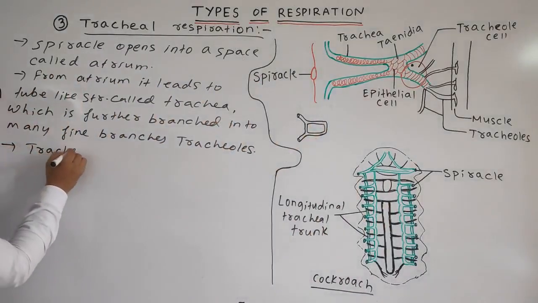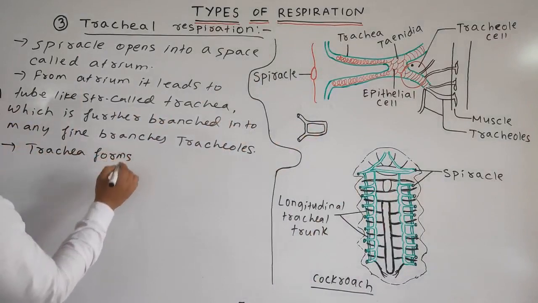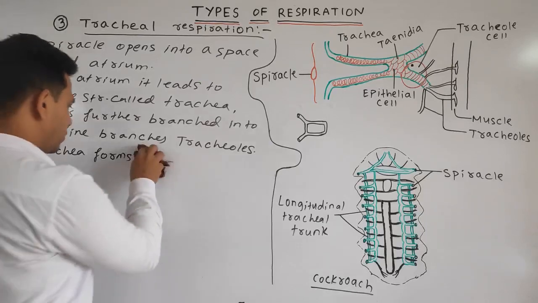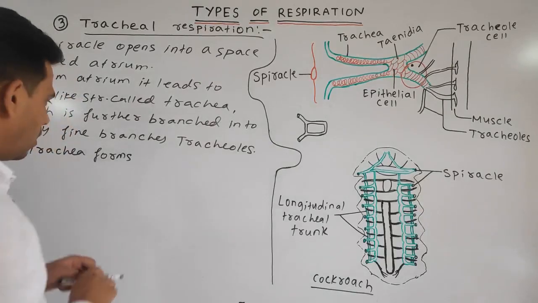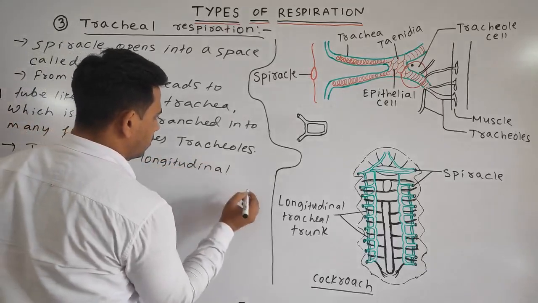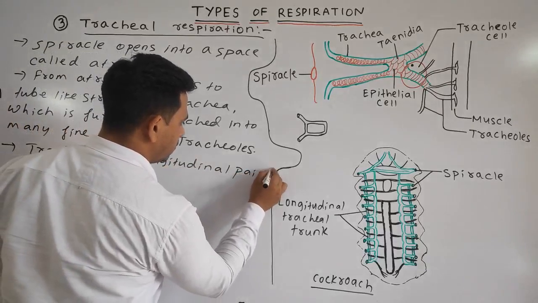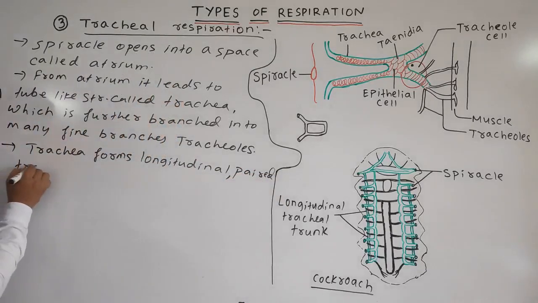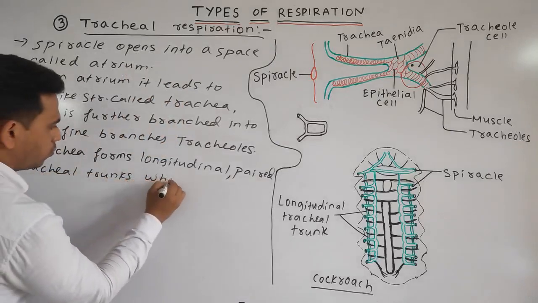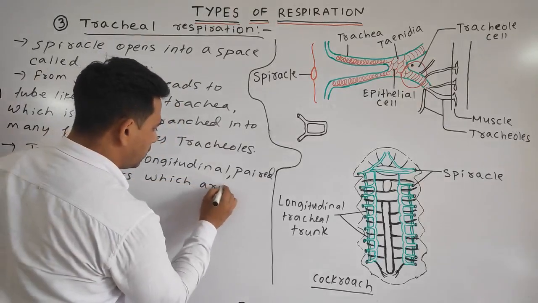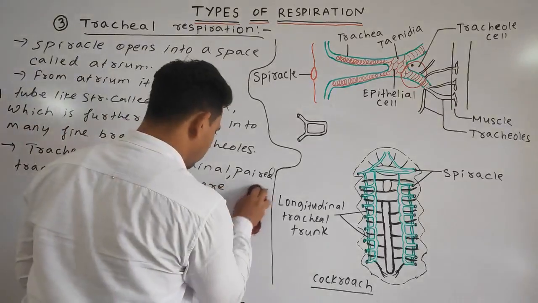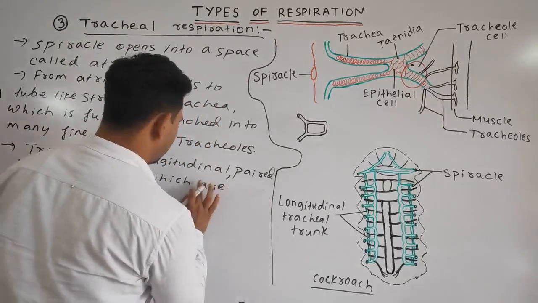Trachea forms longitudinal paired tracheal trunks which run parallel.